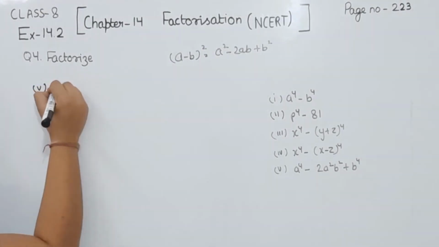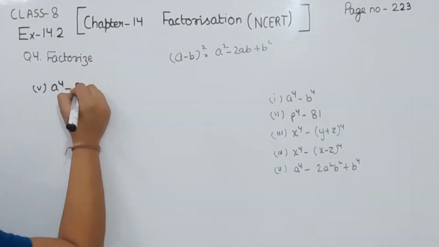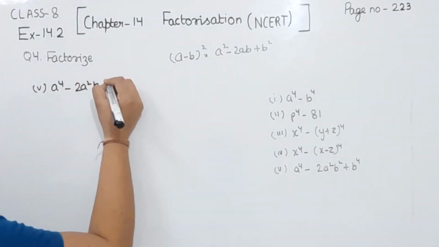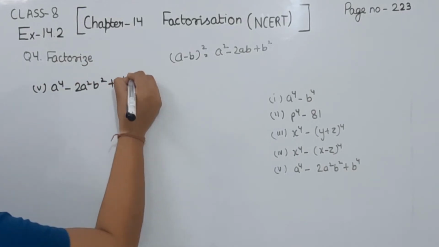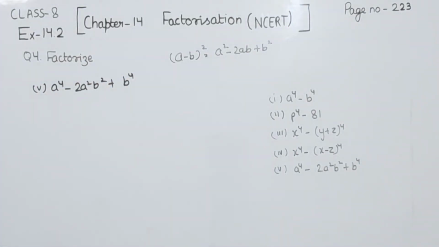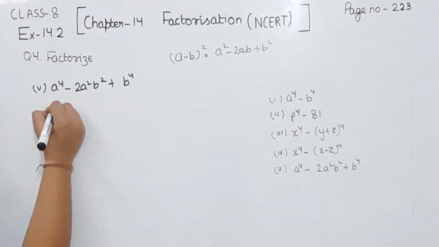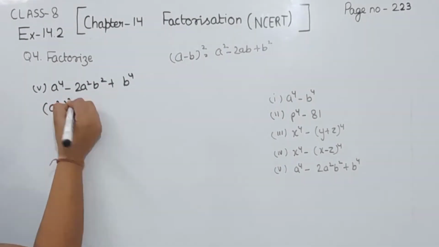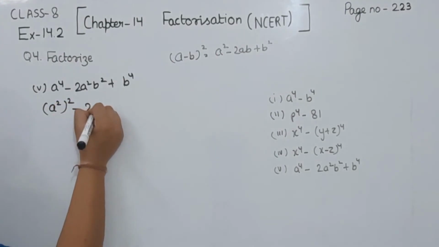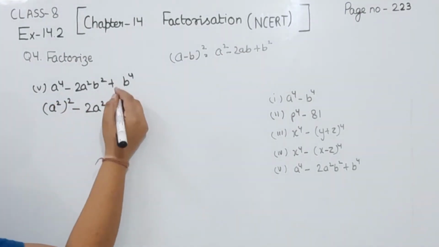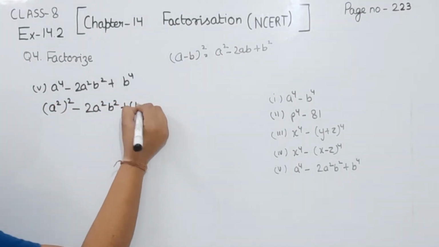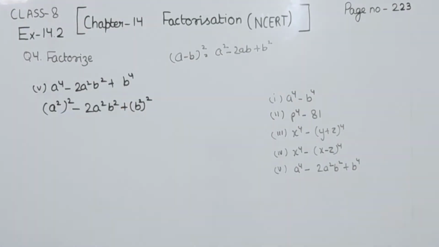This one we have a to the power 4 minus 2a square b square plus b to the power 4. Now I'm going to write this as a to the power 2, the whole power is 2, minus 2a square b square plus, I'm going to write this b to the power 2 and the whole power 2 here.